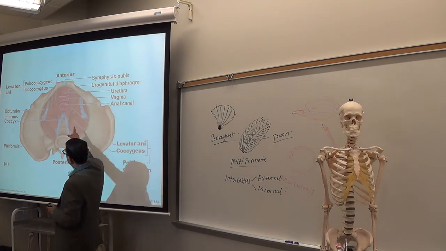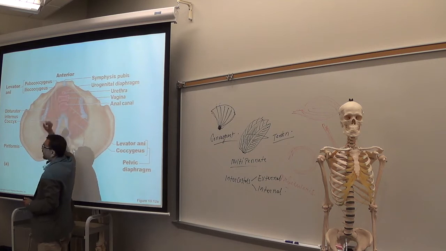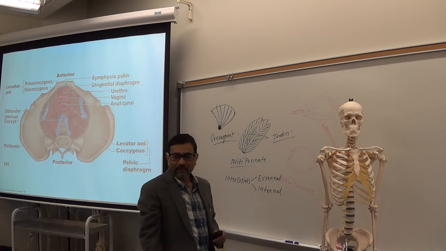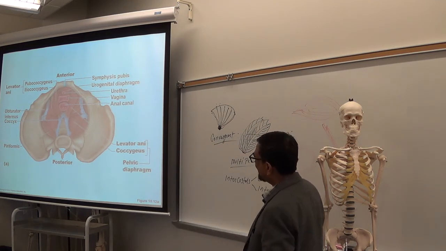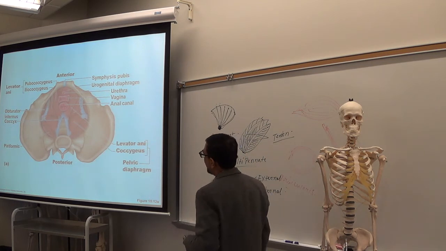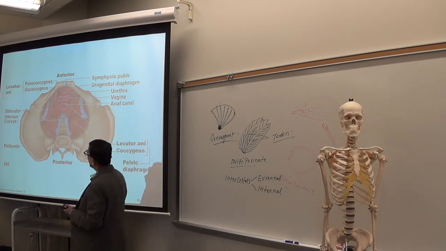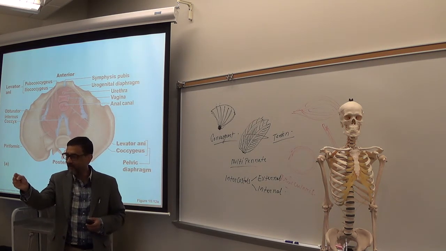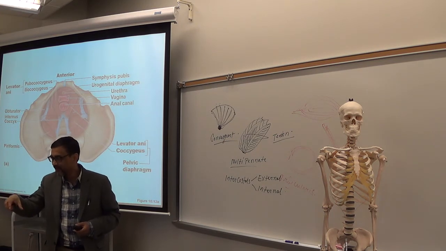Now you see that these muscles are around the important openings of your body. What are those openings? Urethra, vagina, anal canal. Okay, so those openings remain constricted. Make sense? Remain what? Constricted by those muscles.